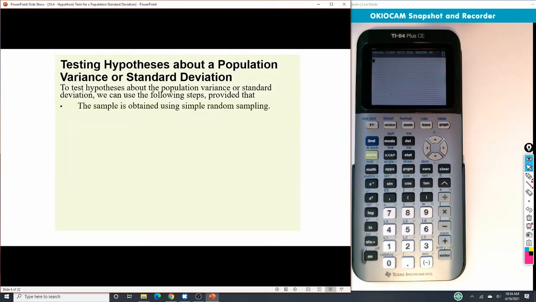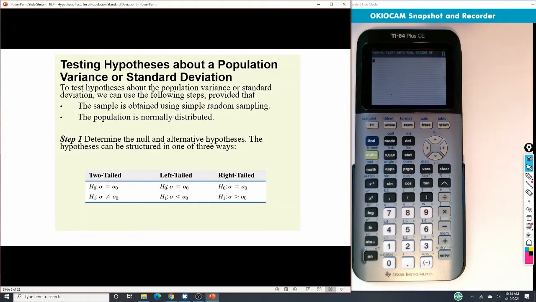Okay, so first we need to look at simple random sampling. It's normally distributed. And then we have our sigmas there. So anytime we're doing this, we are talking about standard deviation and variance. And so we need to pay attention to sigma. We still have our two-tailed, our left-tailed, and our right-tailed, just like we have in our other sections.